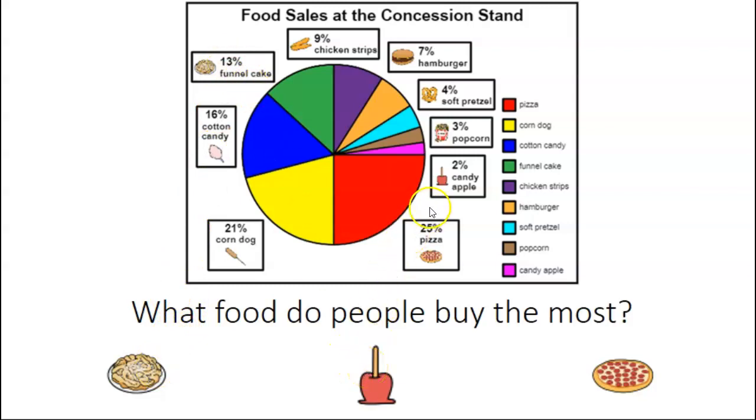Candy apples, which is right here in this pink space? Or pizza, right here, this red slice? What food do people buy the most? Pizza is bought the most. The biggest slice of our pie chart is pizza, and it is 25%. It's our biggest percent on this pie chart.